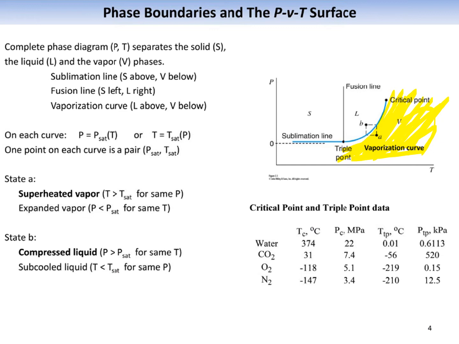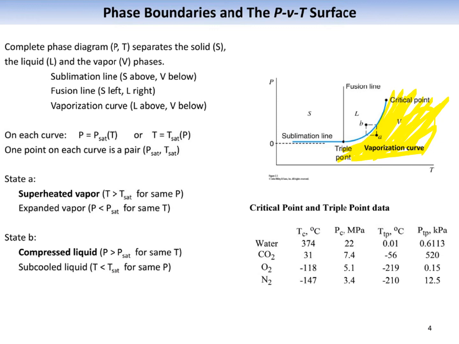The table beneath the graph also shows the triple point for different materials, what the specific pressure and temperature should be if we get our system to that temperature and pressure.